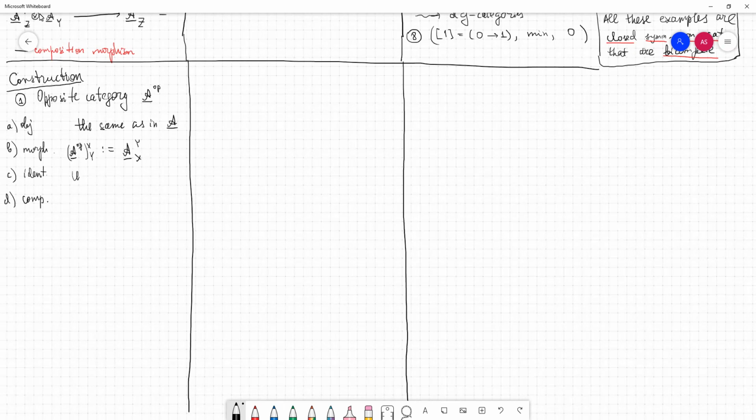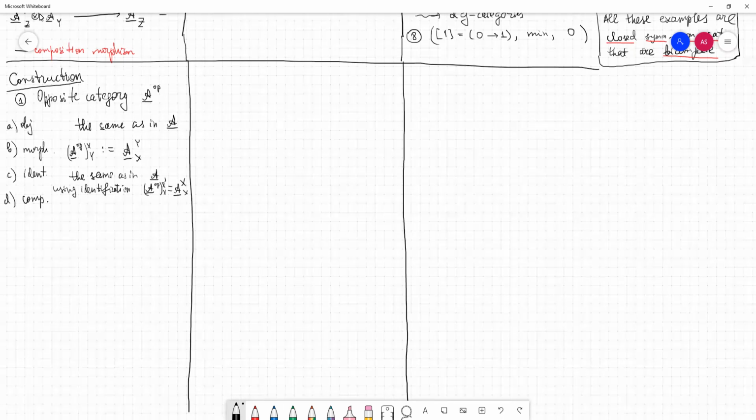Identities are the same as in A, using identification. And what is the identification? A op from X to X, we identify with A from X to X. Now composition.